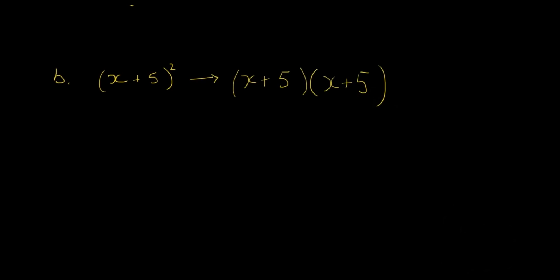What's the first step? You do x times x. So we do that with that: x with x, and then x with 5, and then 5 with x, and 5 with 5. Very good. So x times x is equal to x squared.